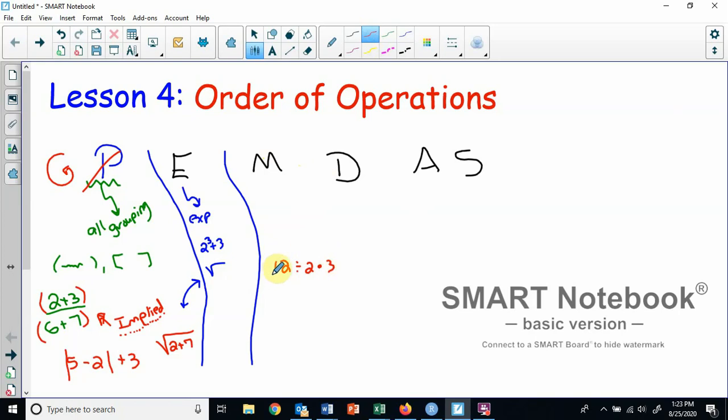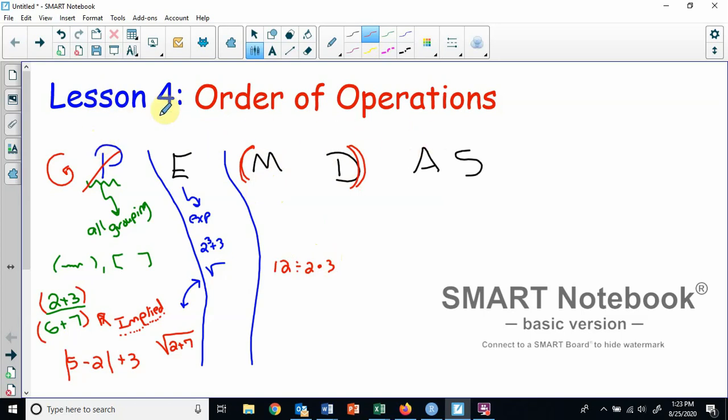Which thing comes first? I'm going to go ahead and tell you that you look at this and you would be led to believe that multiplication comes first, and so you would do that first. But that would actually be wrong, because multiplication and division really happen at the same time. These are one thing. There's really only 4 steps to order of operations.